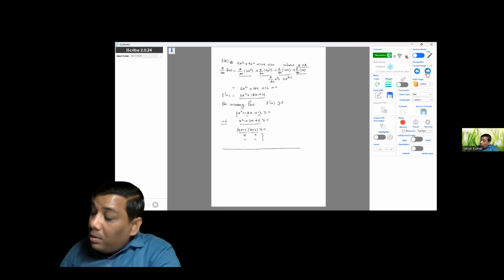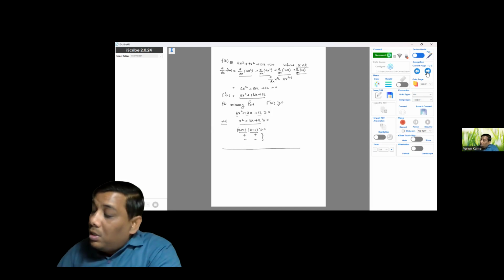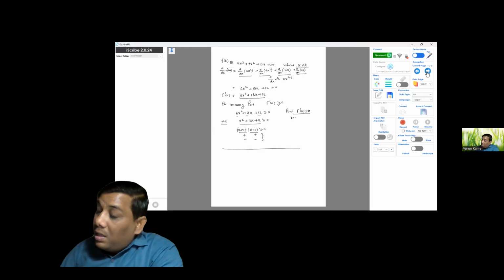Find the points where the derivative becomes 0. Those points where f'(x) = 0: (x + 1)(x + 2) becomes 0 at x = -1 and at x = -2. Now represent these points on the number line: -2 and -1.